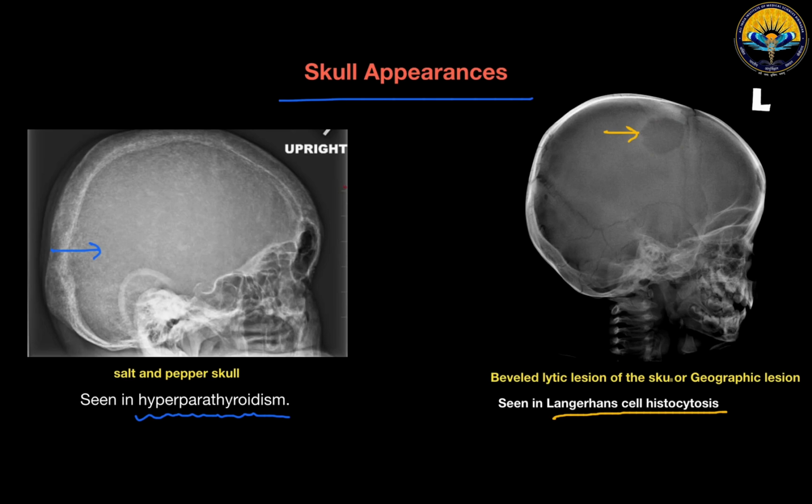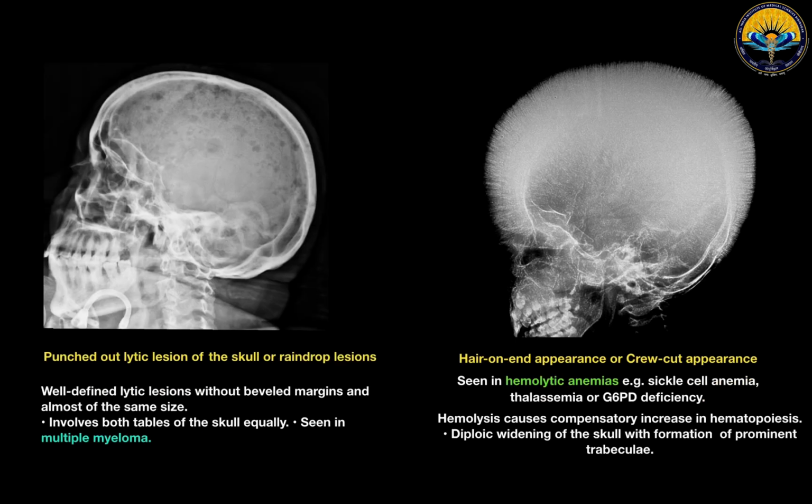Now look over here. We have multiple punched out lytic lesions of the skull, also called raindrop lesions. These are well defined lytic lesions without beveled margins, and most are of the same size. This is called punched out lytic lesions, and it is seen in multiple myeloma. They involve both tables of the skull equally.